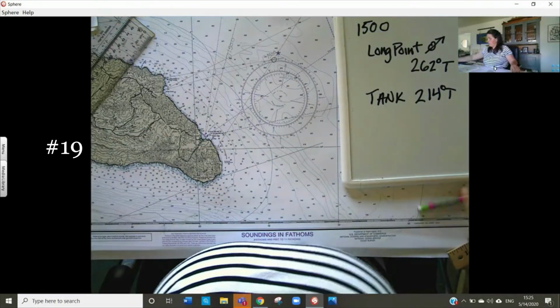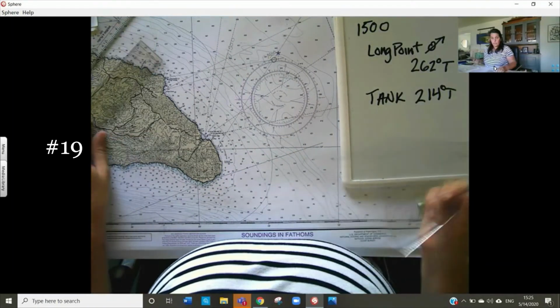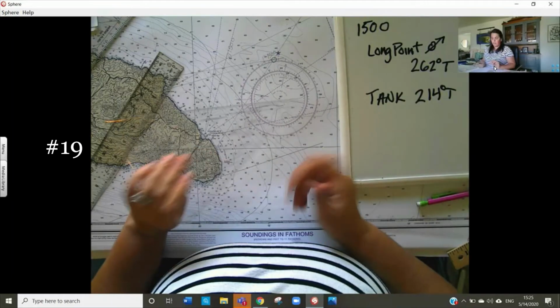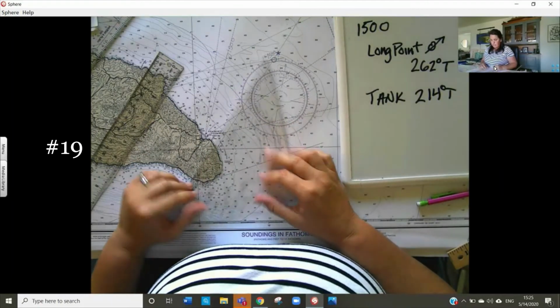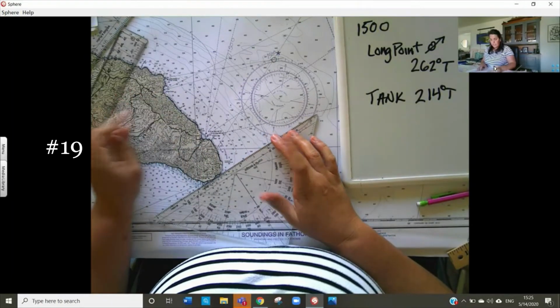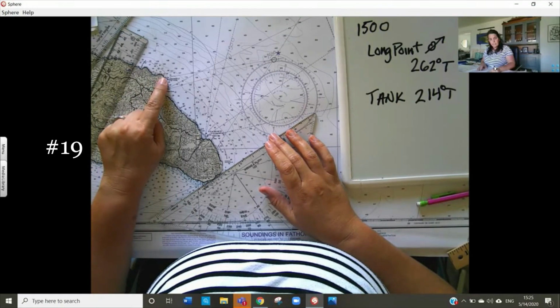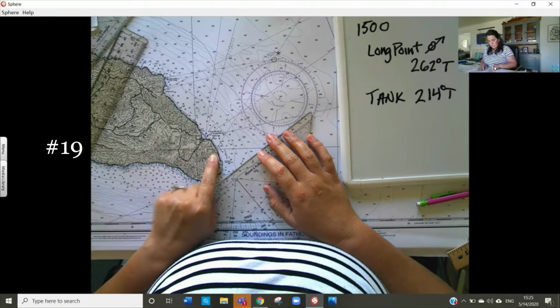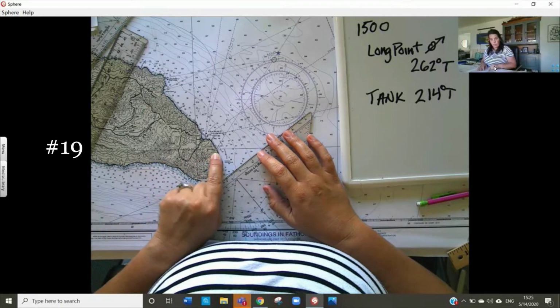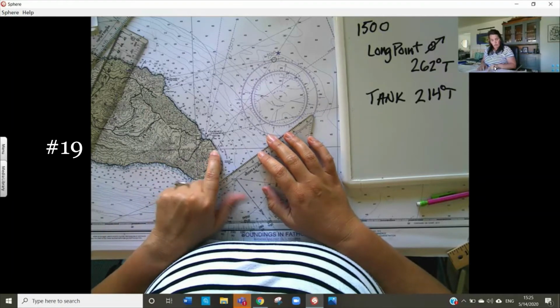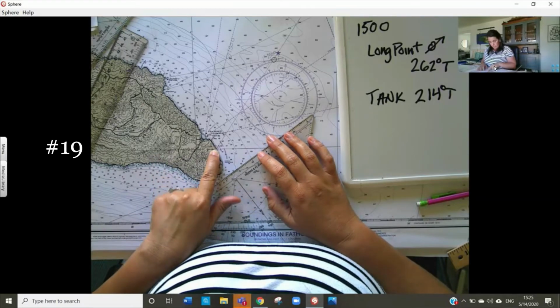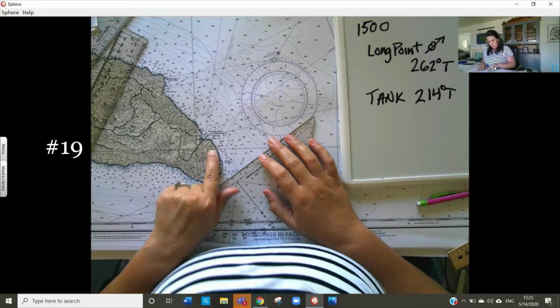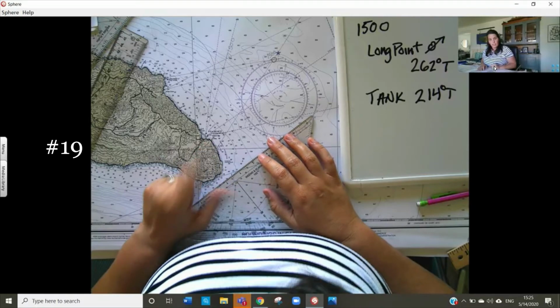So I'm going to show you with the triangle and then show you with the roll plotter. First we want to locate Long Point light is here, and the tank at Pebbly Beach, which is N of 2, that's north of 2, is down here, right on that latitude line, 20 minutes. So not to be confused with the one a little bit further north of it.